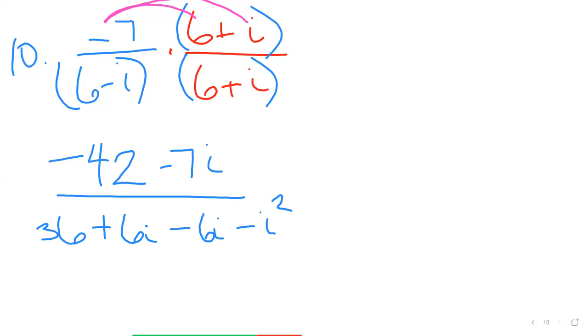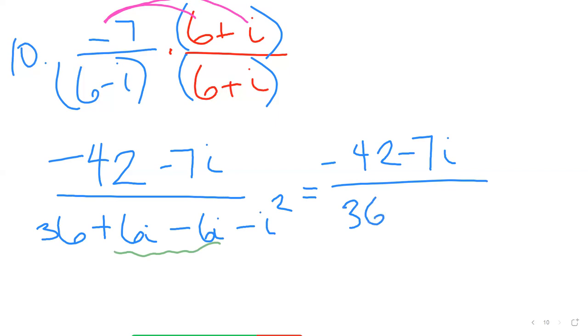Now we want to clean up the bottom of that by combining the like terms that we have here. So that's negative 42 minus 7i we have on the top. Notice those middle terms from the bottom are going away. They cancel. And we have 36 minus i squared, that's minus negative 1. We plug in for i squared.